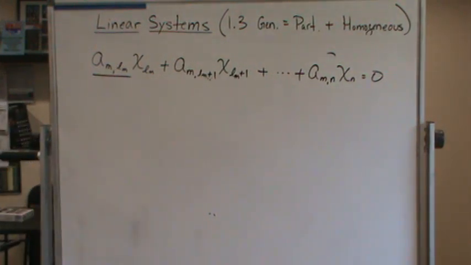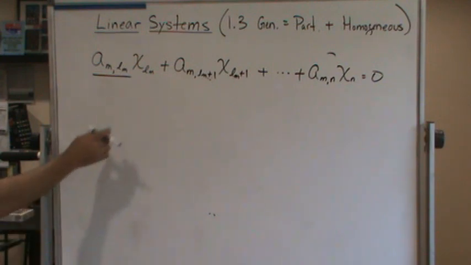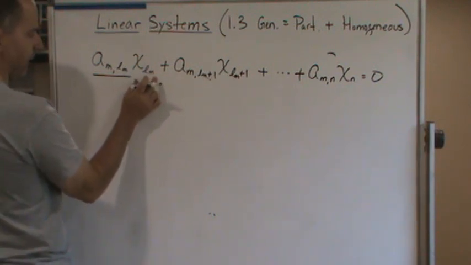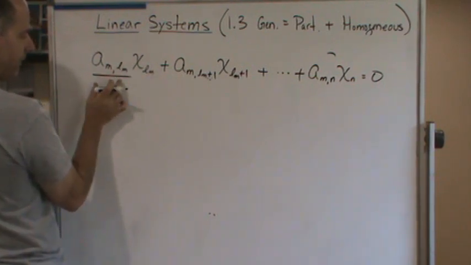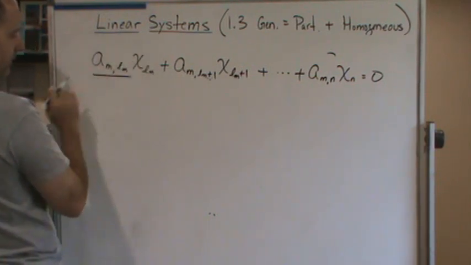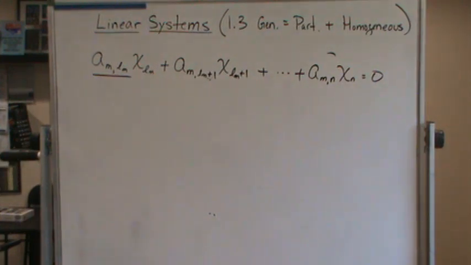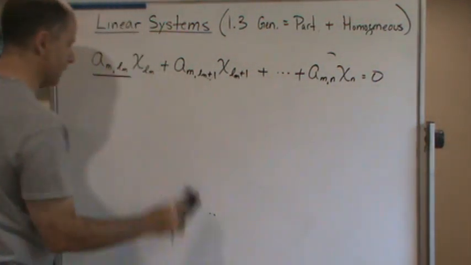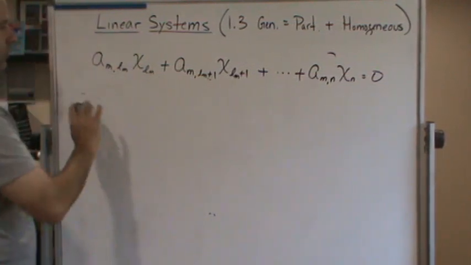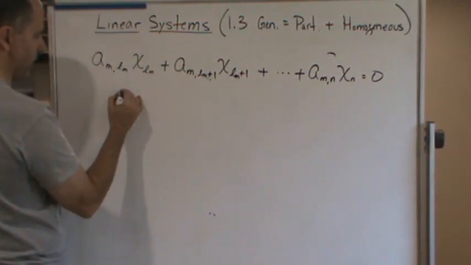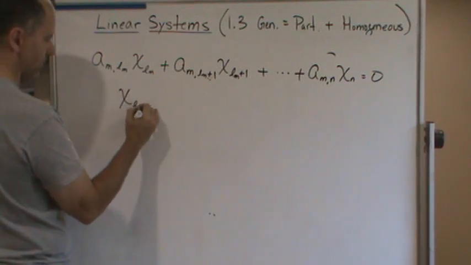We can't divide by 0, because we're going to solve for the bottommost leading variable. It makes no sense that the leading coefficient would be 0, so we're going to assume that it's non-zero. And so if we solve for x sub L sub m, this is what we get.